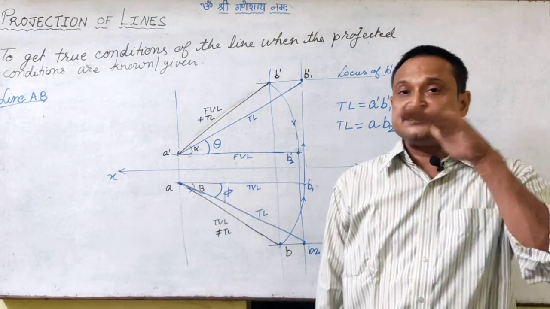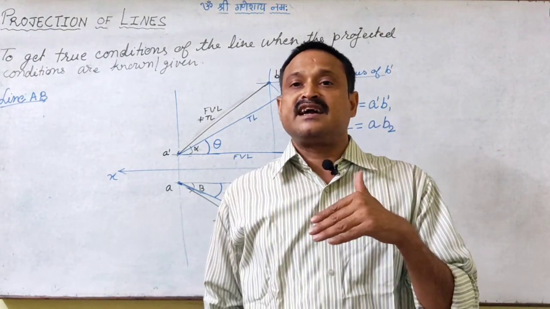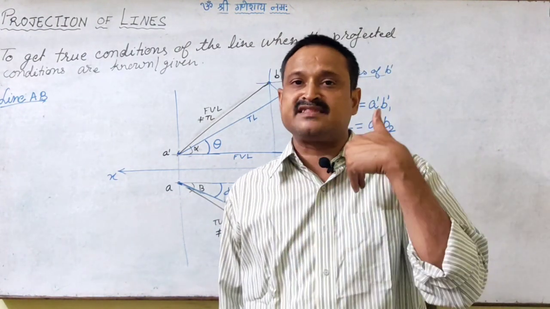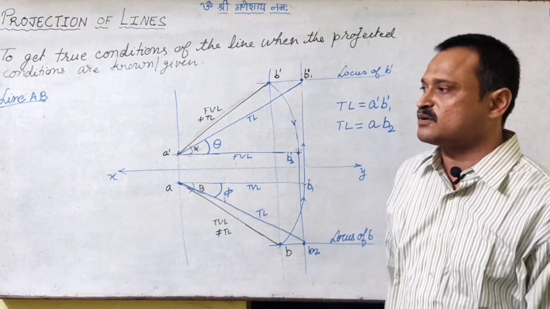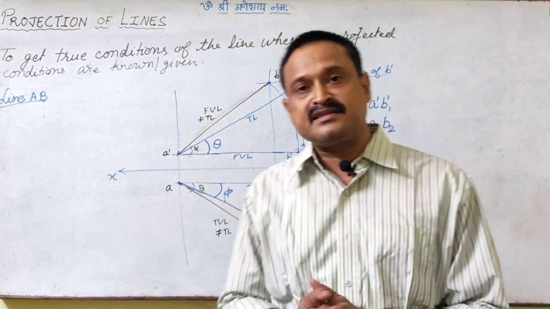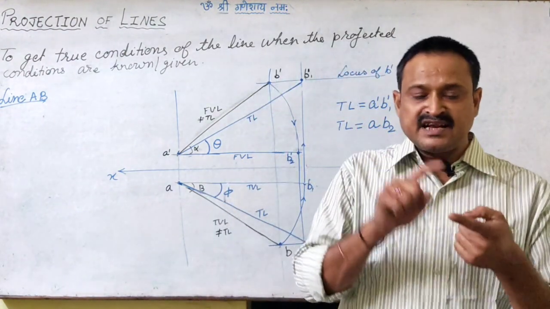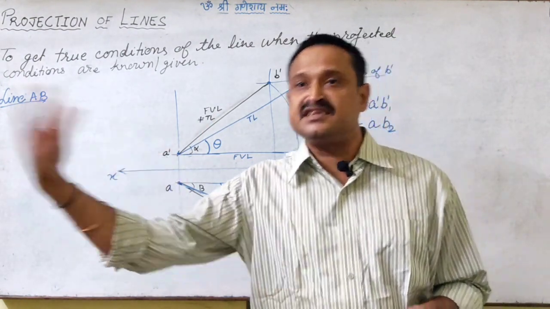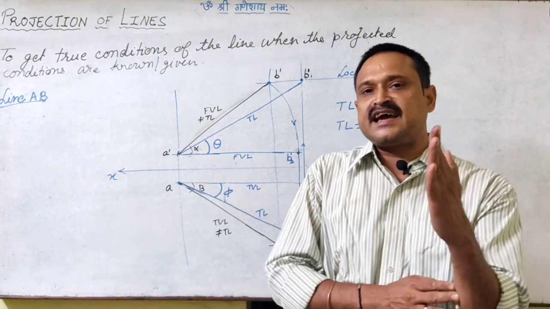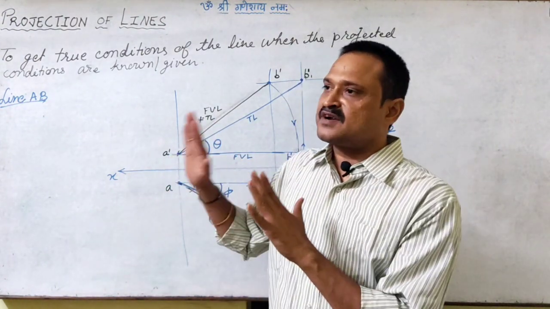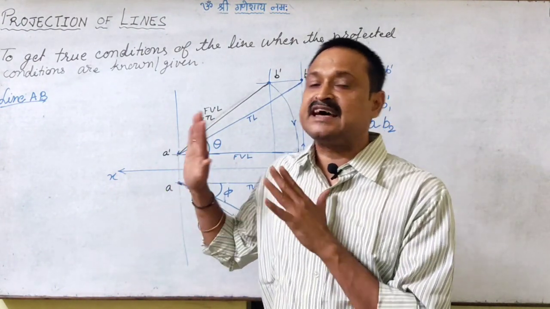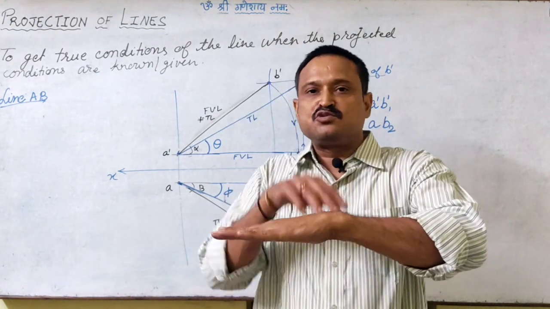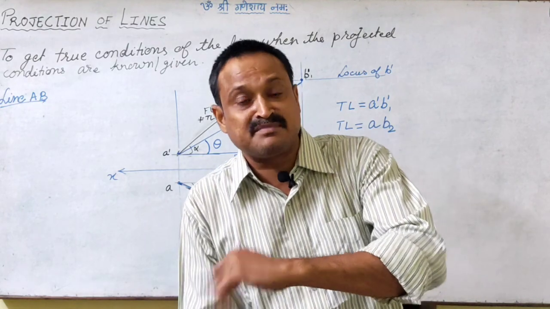If the front view image is parallel to the reference line, that means the line is parallel to the horizontal plane, and the true length will be visible in the top view, right? Again, we have understood another thing: when a line is parallel to a plane, we get its true conditions in the same plane. That means if a line is parallel to VP, the front view image will give me the true length and true inclination. When the line is parallel to HP, the true length and true inclination will be given by the top view.